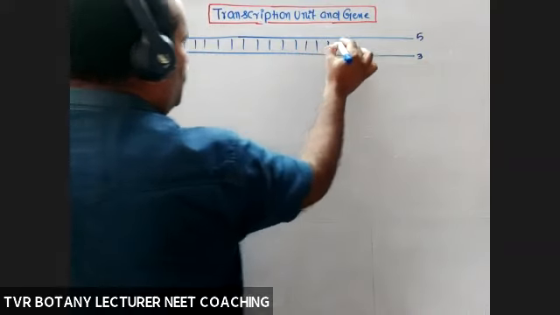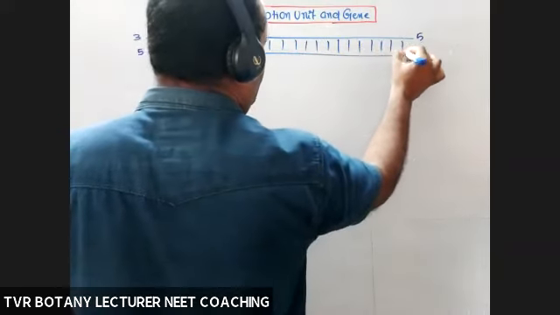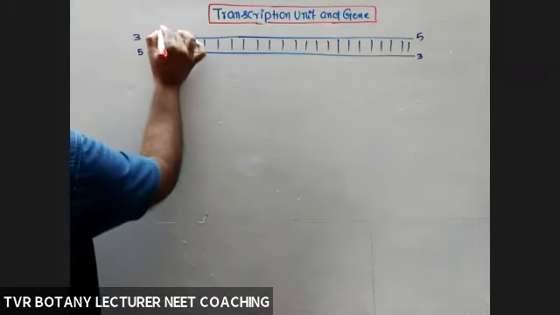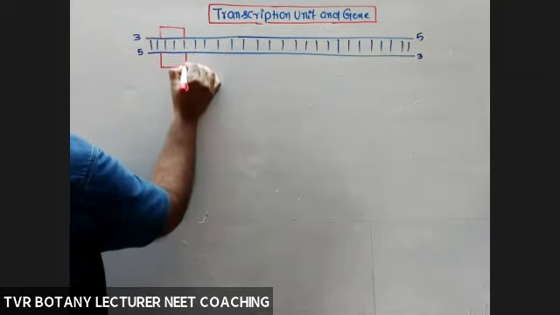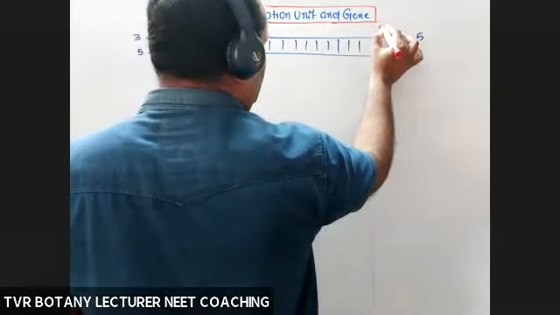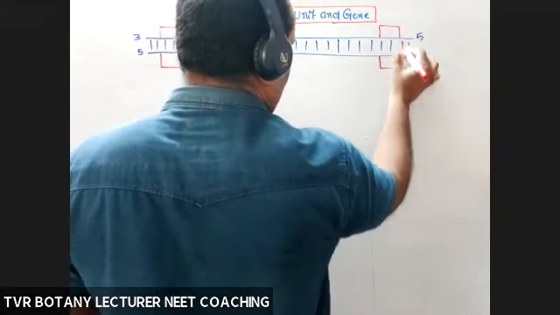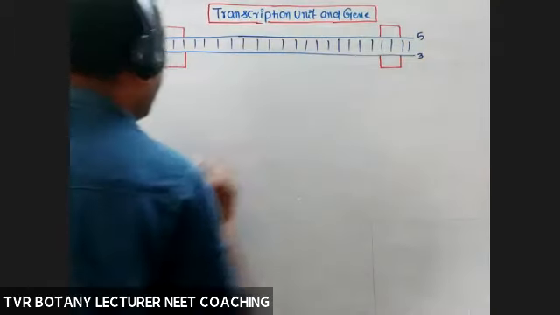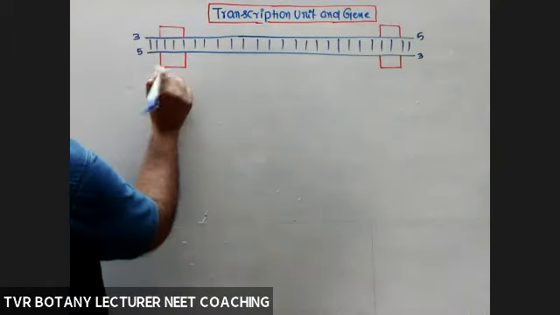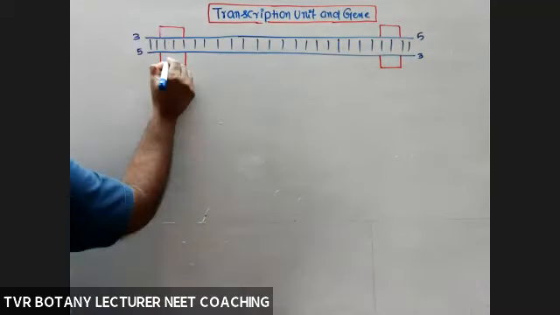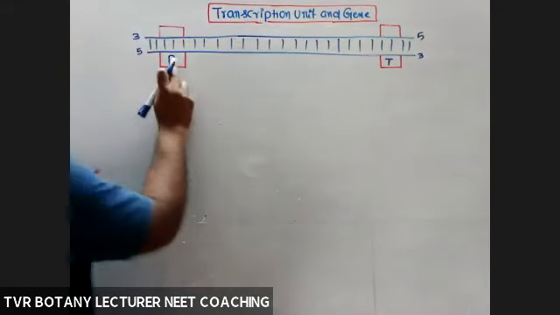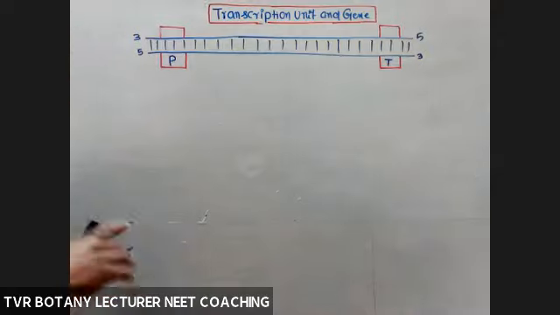So this is one transcription unit with the promoter here and the terminator here. The description of promoter and terminator is already completed. This one is the terminator, this one is the promoter. So simply I'm using P and T here, for promoter and terminator.